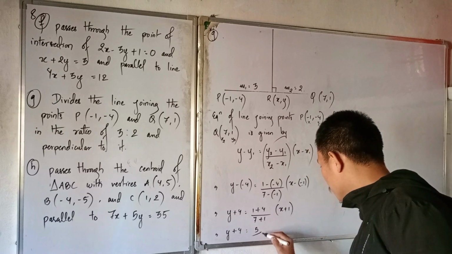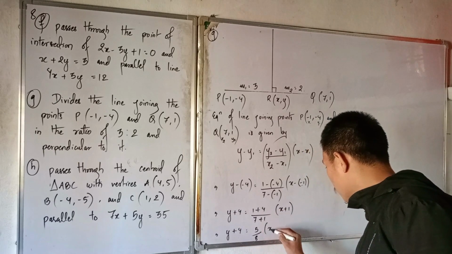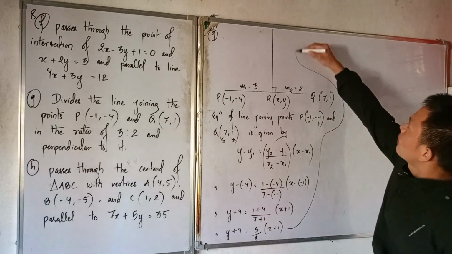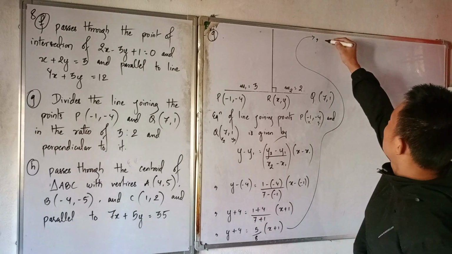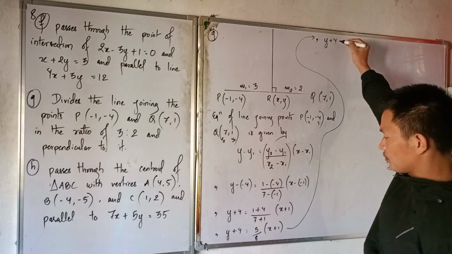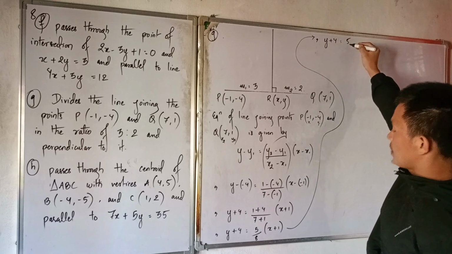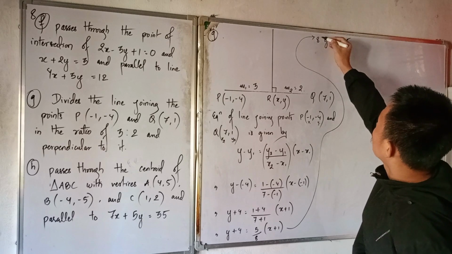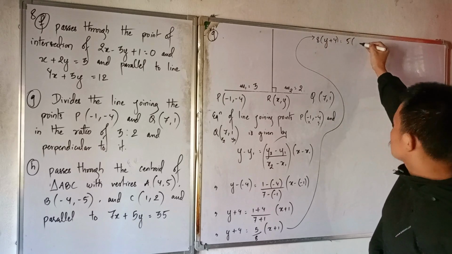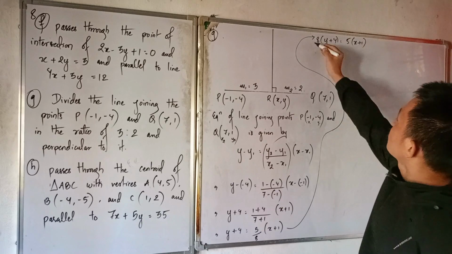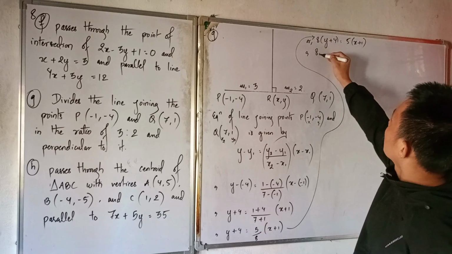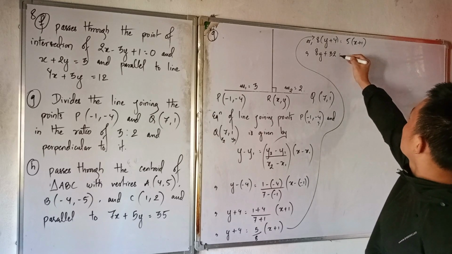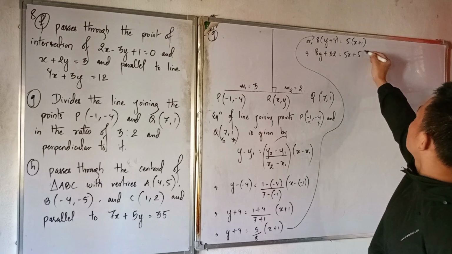Now cross multiply: 8 times (y plus 4) equals 5 times (x plus 1), or 8y plus 32, 8 fours are 32, equals 5x plus 5.